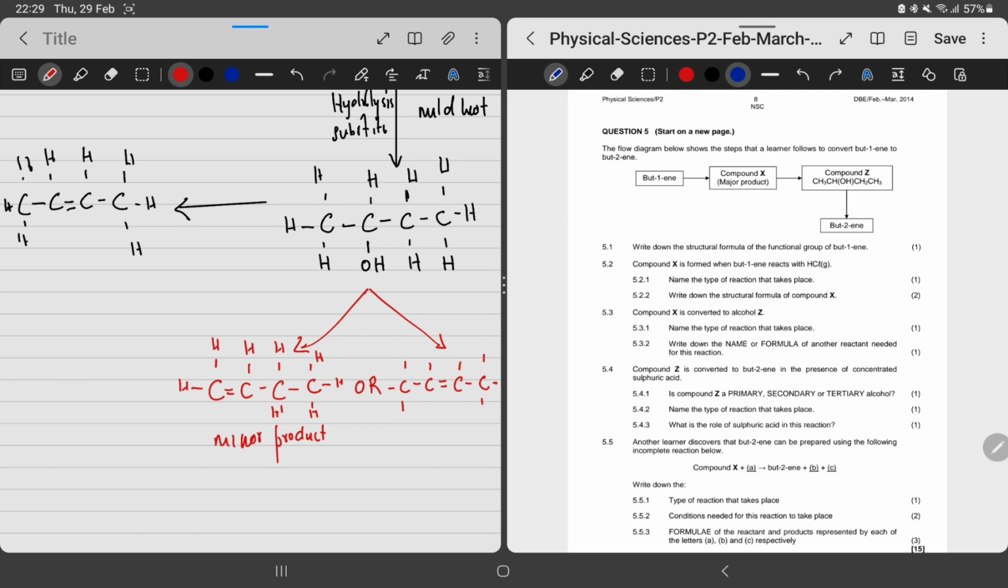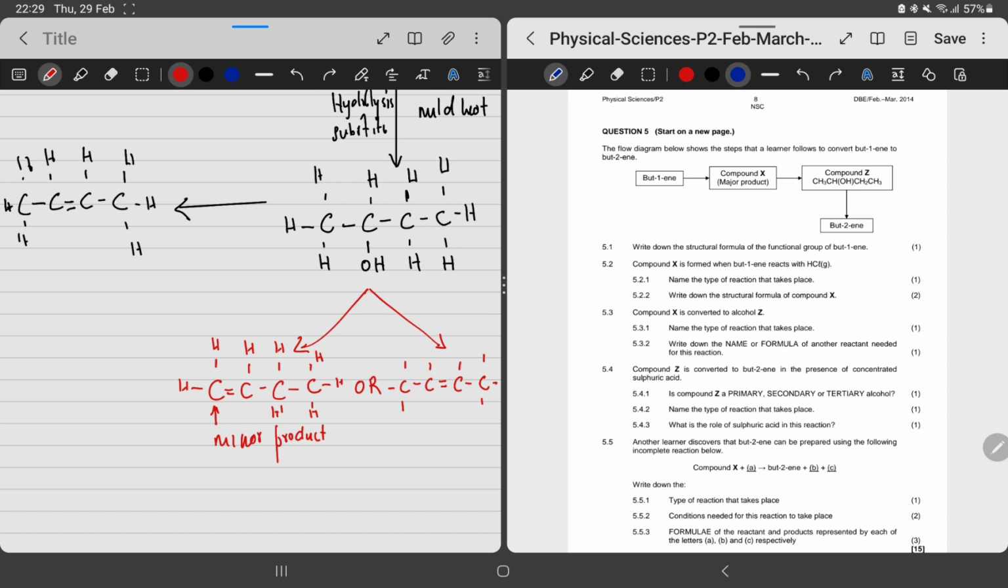And this is because Zaitsev says that when you remove the hydrogen, you need to remove from the carbon with what? With the least number of hydrogens. But what have we done here? We have removed the hydrogen from the carbon that has what? That has 3 hydrogens instead of the one that has 2. So I'm going to form a minor product.